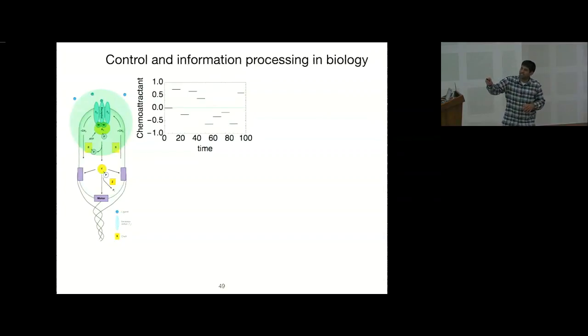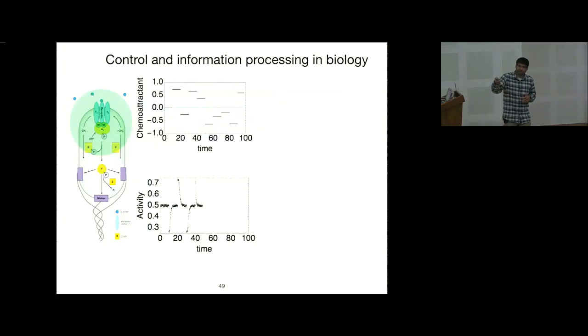But when it senses a large spike in concentration, I want the cell to either go towards it with focus, or to run away or tumble away from it if it's a negative chemoattractant, or if it's something that's not favorable. Okay. So in some sense, I want the activity of this chemical complex up here to have a behavior that looks like this.